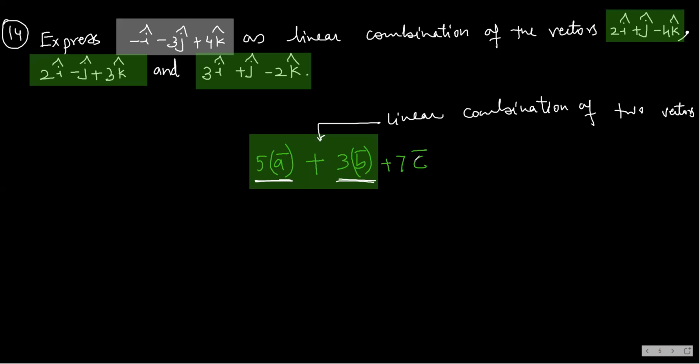I add it or I subtract it, it hardly matters, because instead of writing plus 7c bar, I could have written minus 7c bar, and minus 7c bar is nothing but plus of minus 7.